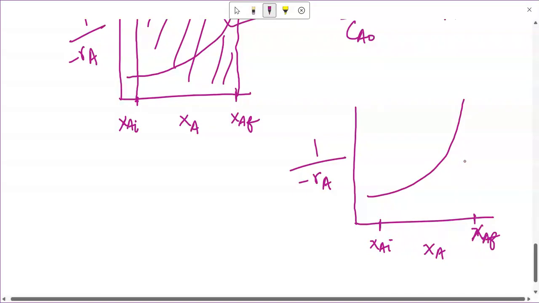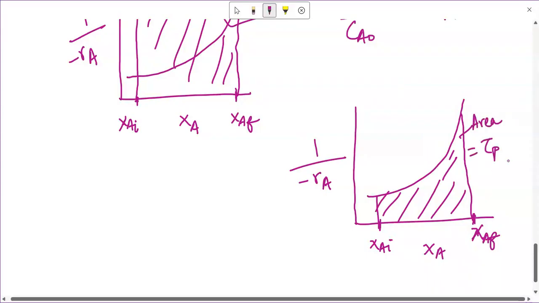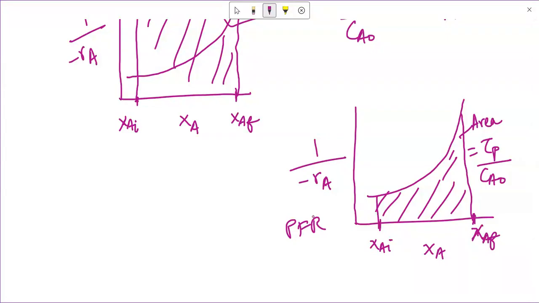I'm still unable to match the lines, spare my drawing skills please. The area under this region gives tau p by Ca0, that is for a plug flow reactor. So you can find the ratio of the shaded areas, and that gives you the necessary ratio for space time, and then you can ultimately understand which reactor you want to use.